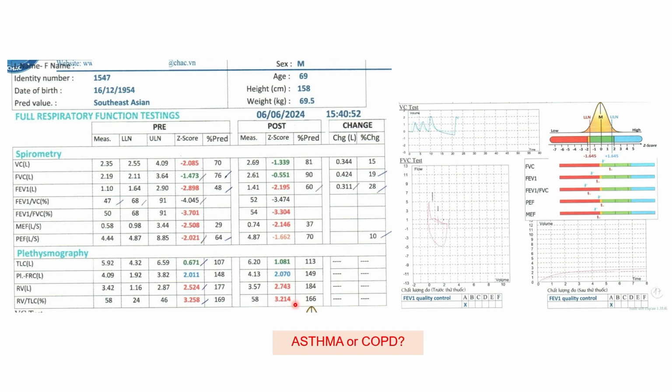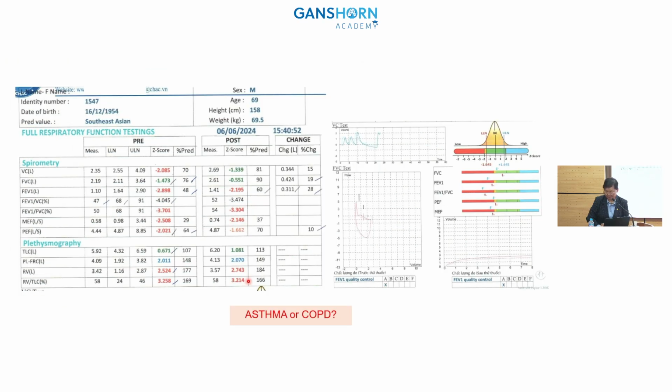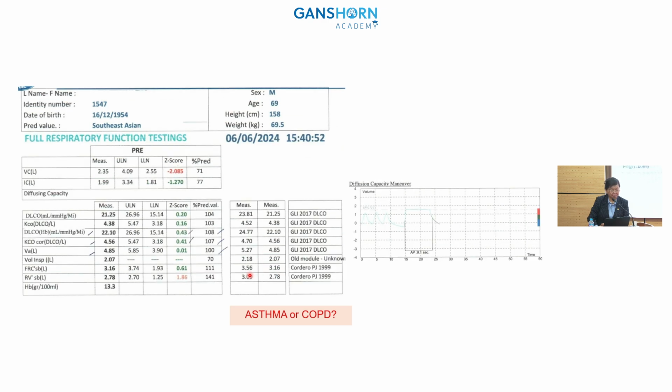But we can see the RV and the ratio of RV over TLC are higher. Air trapping. This patient has air trapping, so I think this patient is diagnosed as COPD.